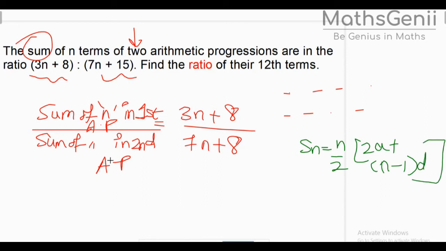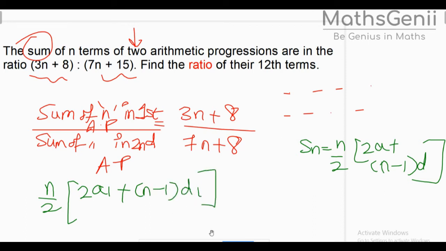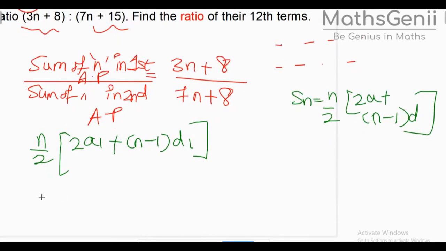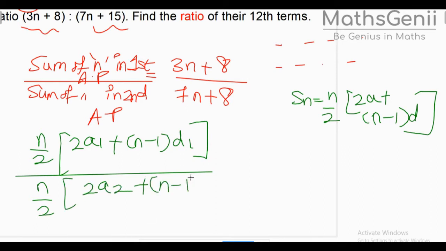Now I'm just substituting. The first term of this series will be different, the common difference will be different, so I'm just writing a1 and d1. Similarly, for the second series, n is going to remain constant because it's given in the question, and then I'm writing a2 and d2.